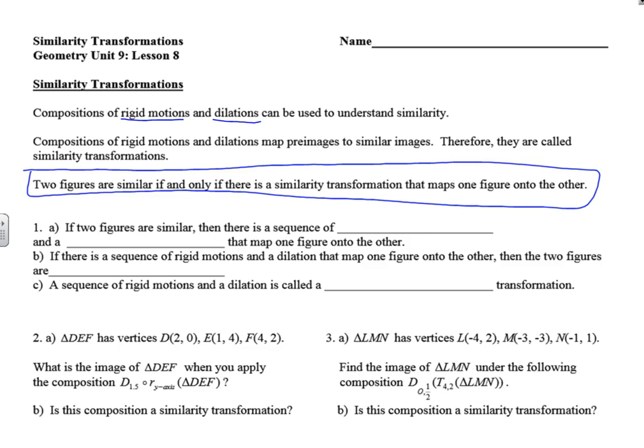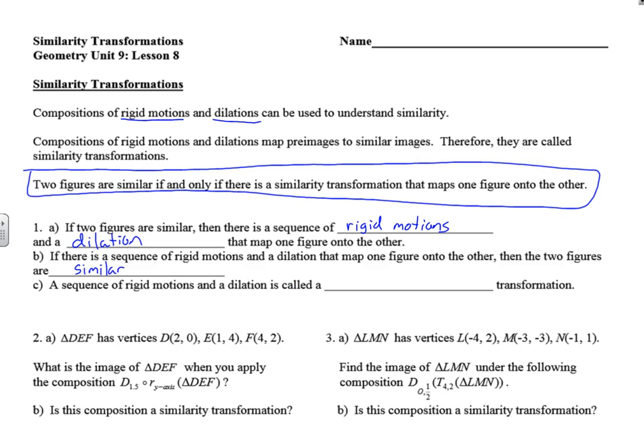So if two figures are similar, then there's a sequence of rigid motions, could be more than one, and a dilation. It has to include a dilation that maps one figure onto the other. If there is a sequence of rigid motions and a dilation that maps one figure onto the other, then the two figures are similar.